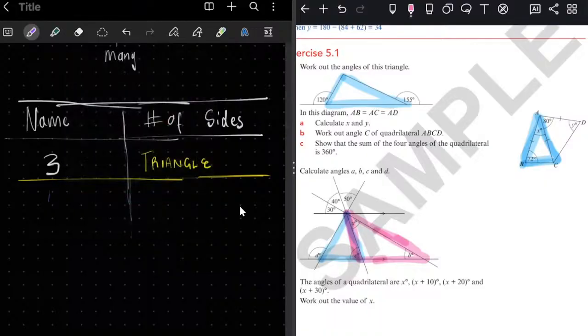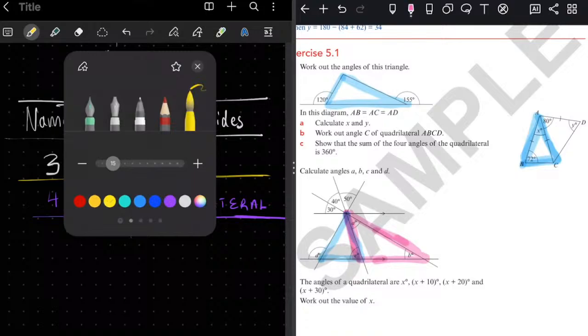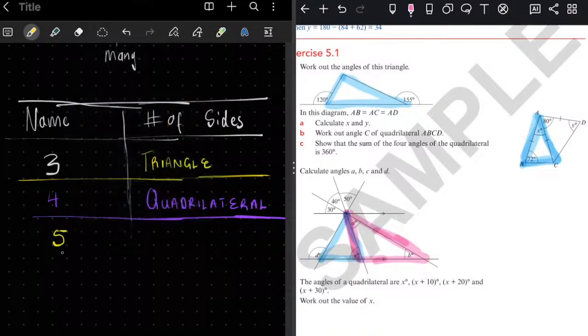What about 4? A shape with 4 sides, or a polygon with 4 sides, is called a quadrilateral. Quad means 4. A quadrilateral is a shape with 4 sides. What about 5? Pentagon.